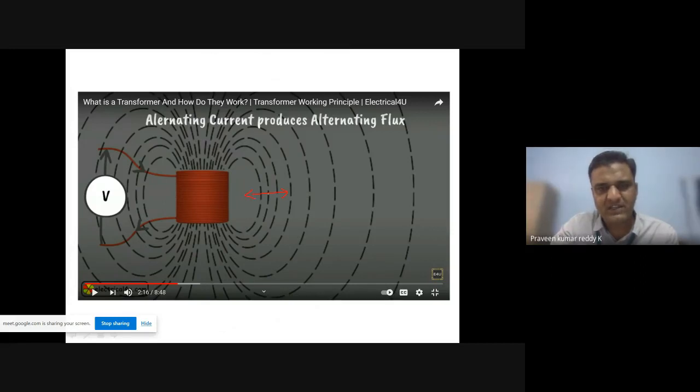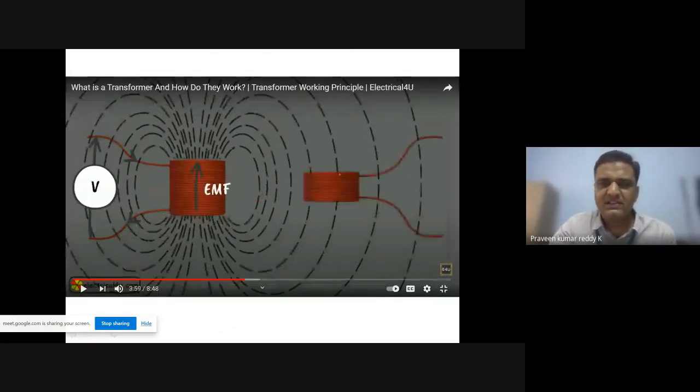As you move away, this flux density, you can say Bm, or phi, will be thicker here, and it will be thin, that is less dense, here. And if I bring a secondary winding like this into the effect of that magnetic flux, of course some current will be induced in the secondary winding, and some I2 will flow.